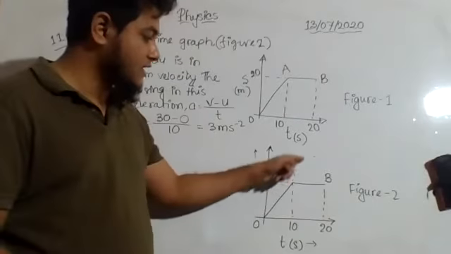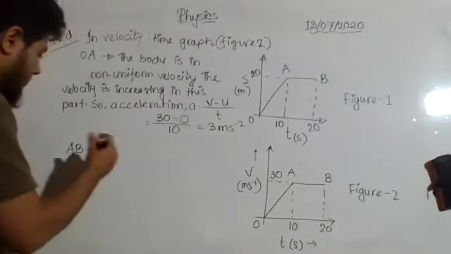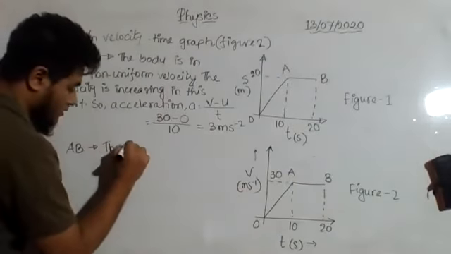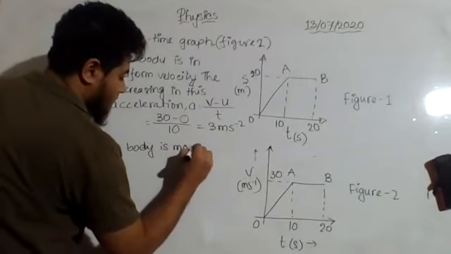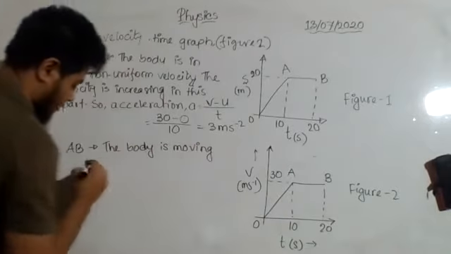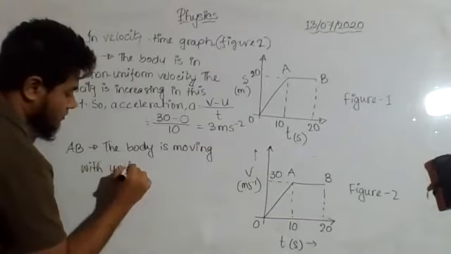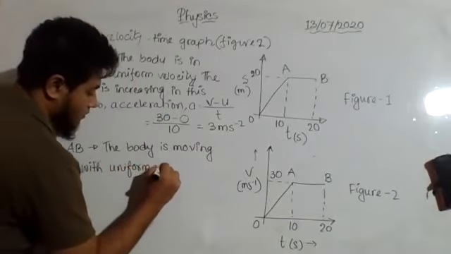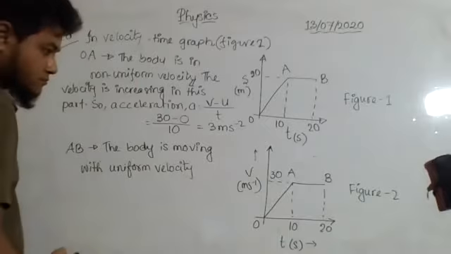The velocity is neither increasing nor decreasing. It is constant. So in AB, the body is moving with uniform velocity.